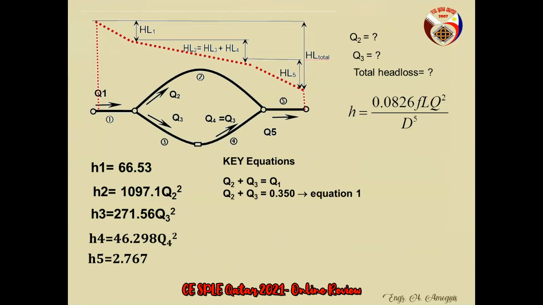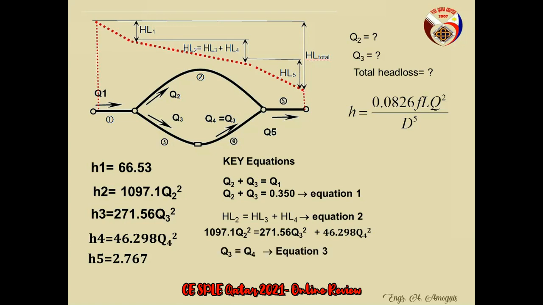That is my equation 1. Then I can say the head loss equation: head loss 2 equals head loss 3 and head loss 4. My head loss 2 is 1097 Q2 squared. Then head loss 4 and head loss 3 are given in terms of Q, but we know that Q3 equals Q4.